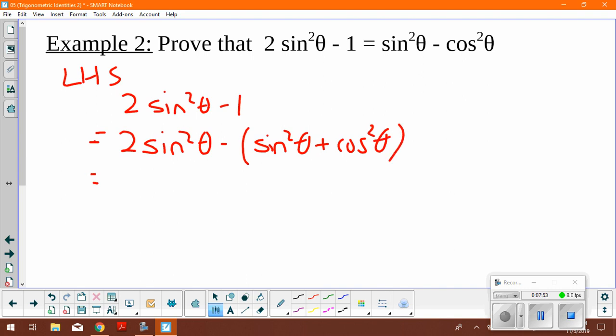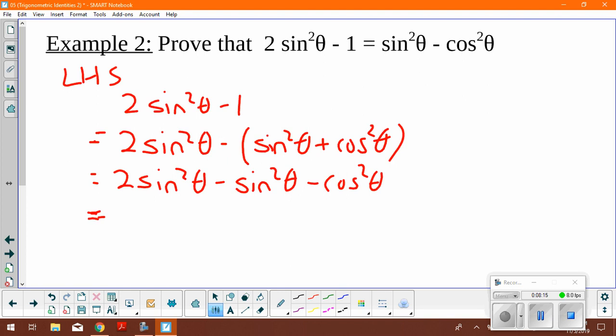Next thing I'm going to do is just expand the bracket so that negative sign applies to both terms. So I have 2 sine squared theta minus sine squared theta minus cos squared theta, because I'm subtracting both things in the brackets.